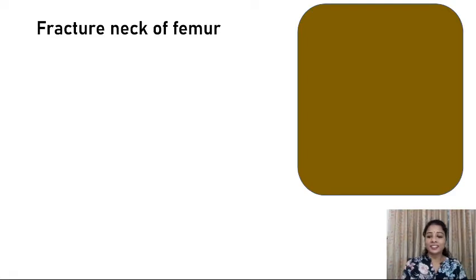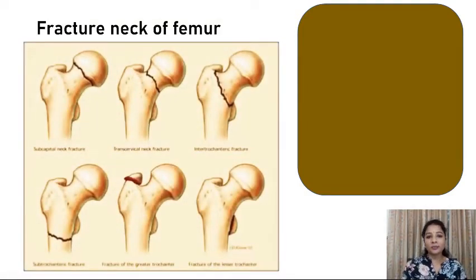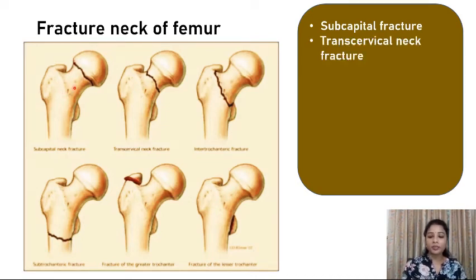Now, let us understand the clinical aspects associated with the femur. First and foremost, fracture neck of the femur. In this image we can appreciate 6 varieties of fracture. The first one is the subcapital fracture, where the head is separated from the rest of the upper end of the femur.